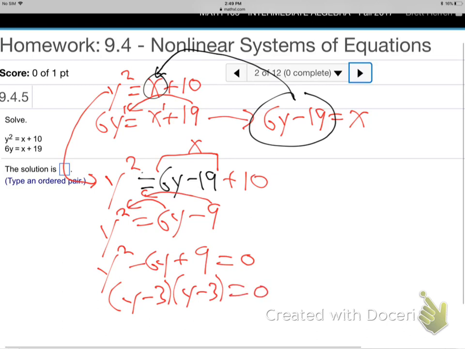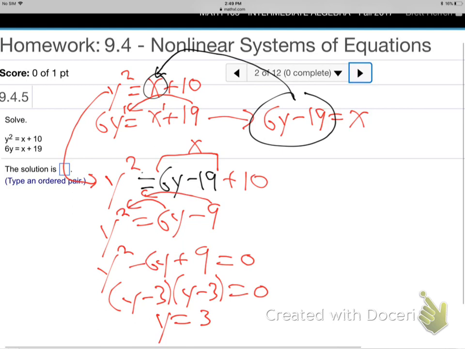So minus 3, minus 3. So y is 3, huh? So we actually have one answer. It's the same answer twice. We've only got one answer.